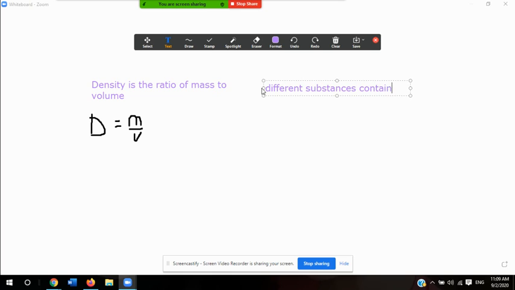For example, you have liquids. Liquid mercury is a lot thicker than water, so it would occupy more space. It would have greater volume. So in that case, it would be denser.